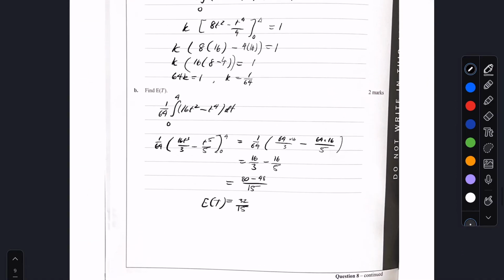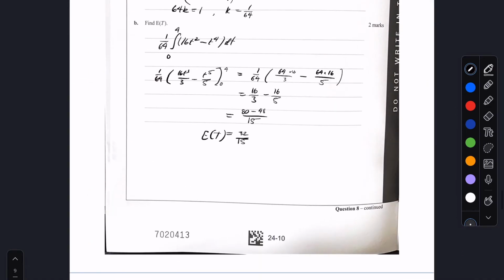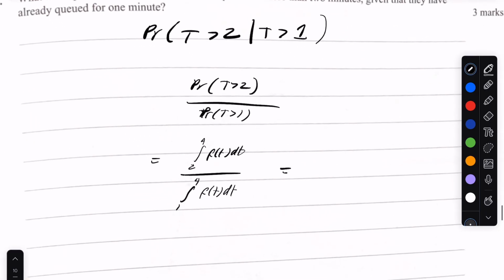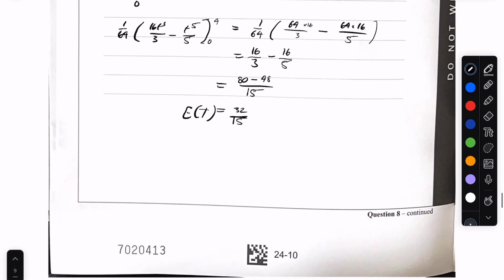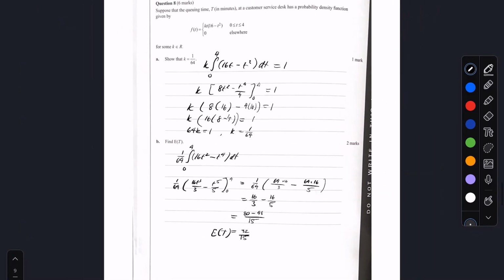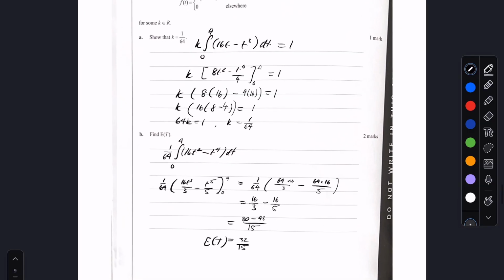Now, we've already integrated it. So you're going to have 1 on 64 over 1 on 64, so the k's, and then you're multiplying by the integral from 2 to 4 of the function, which we already said was 8t squared minus t to the 4 over 4.